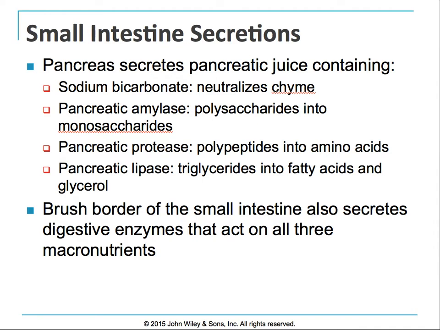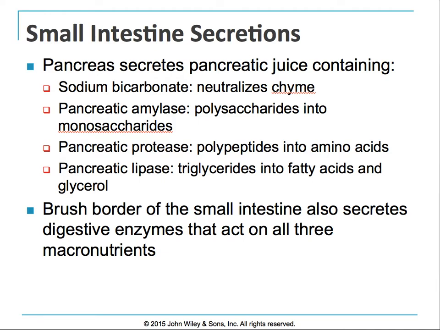Last, pancreatic juice contains pancreatic lipase. There's that -ase suffix. We know that it's an enzyme. We've mentioned lipase in an earlier slide. We know that it works on lipids or fats. And so triglycerides, which are larger fat molecules, the lipase works to break down into smaller fatty acid units and glycerol.